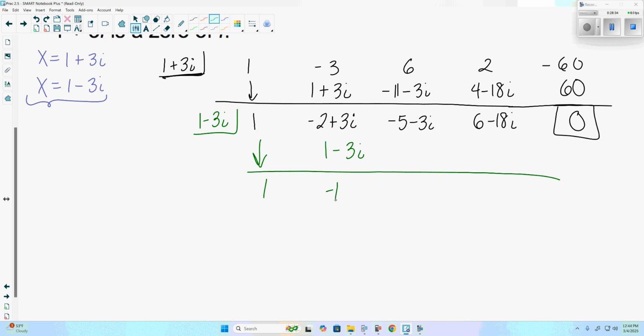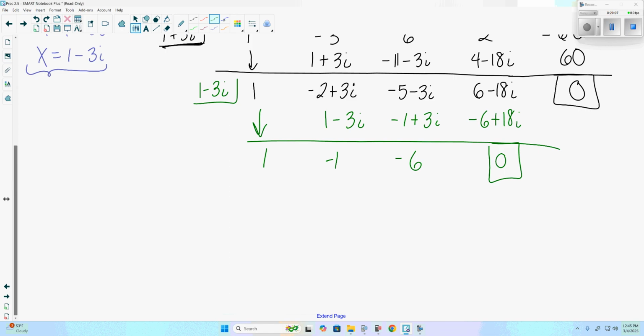Our 1 minus 3i times negative 1 is going to be negative 1 plus 3i, because we distribute the negative 1. Negative 5 plus negative 1 would be negative 6. Negative 3i plus 3i is 0. It cancels out. Now 1 minus 3i times negative 6 is going to be negative 6 plus 18i. And if we add those two together, we do indeed get 0.